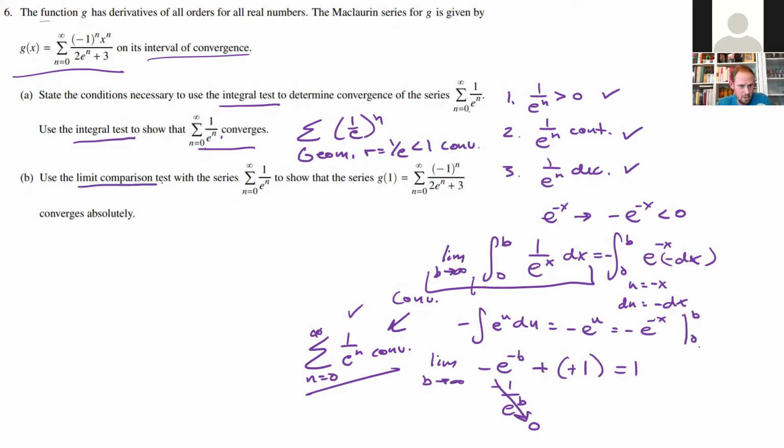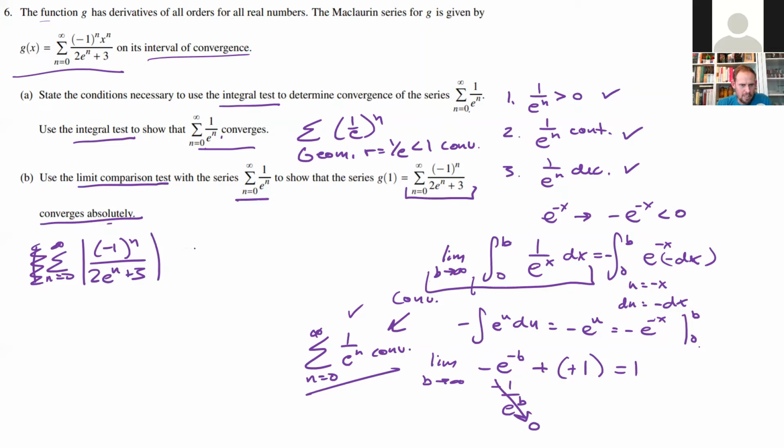Now they want us to use the limit comparison test with the series to show that this series converges absolutely. Well, if we want to show that it converges absolutely, we probably want to take absolute values. So the absolute value of that series equals the sum from 0 to infinity. Actually, take the absolute value inside. Negative 1 to the n over 2e to the n plus 3.